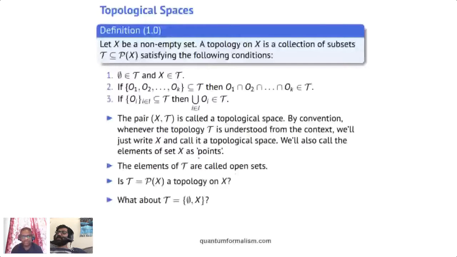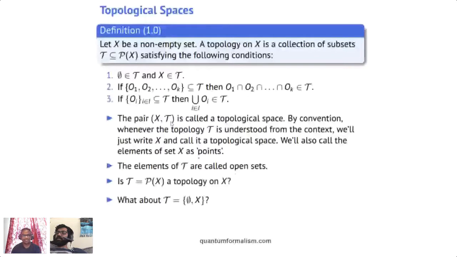Okay, so the pair is called a topological space, and by convention, whenever the topology is understood, there's no need to write the pair. We'll just write X and call it a topological space. But for some time we will keep writing the pair because we are working in the abstract. There is no concrete topology.